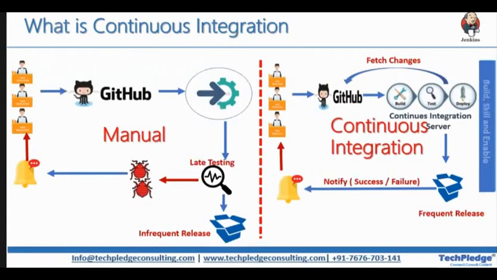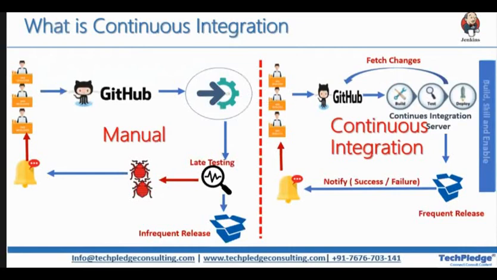While on the other side, if you see the continuous integration, as developer 1 commits his code to GitHub or the repository, it is fetched by the continuous integration server. Here, the build, process, and test are done. If there is a problem, it's immediately notified to developer 1.